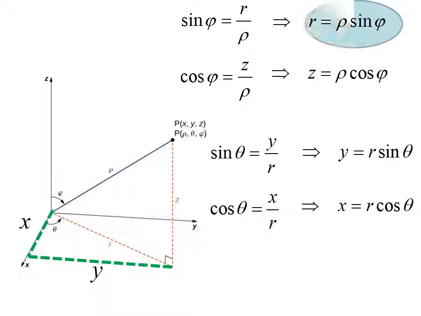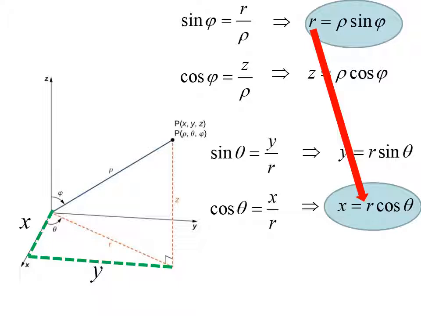Now we'll take these and put them together by replacing the r in the bottom one with what r is equal to up at the top, and that gives us rho sine phi cosine theta.